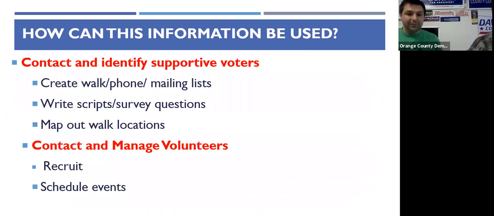It's a great place to start when you're just trying to get a list of people in your district to do, as Chris said, a walk list, a phone list, a mailing list. If you're looking for scripts, or to map out areas, it's just a great place to get the information on your people, so you're not going from resource to resource.